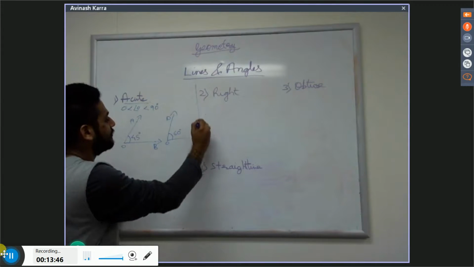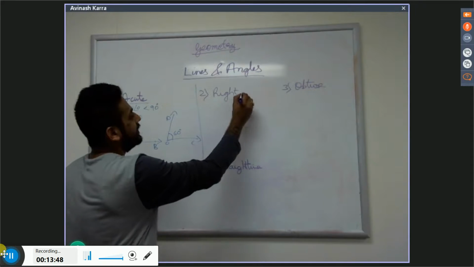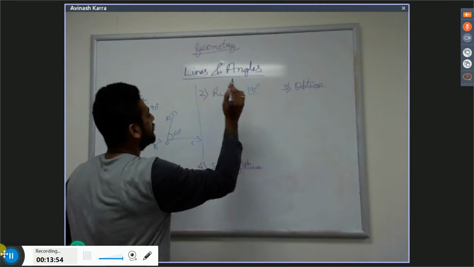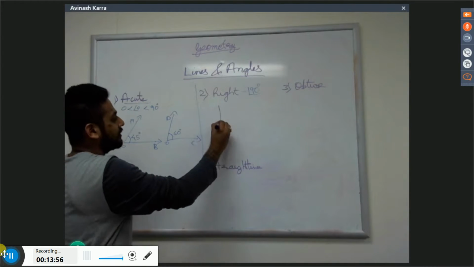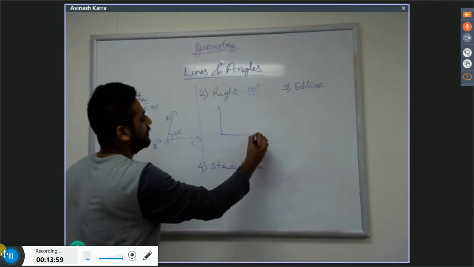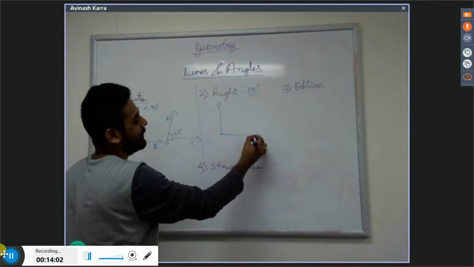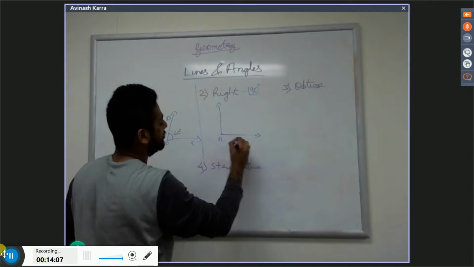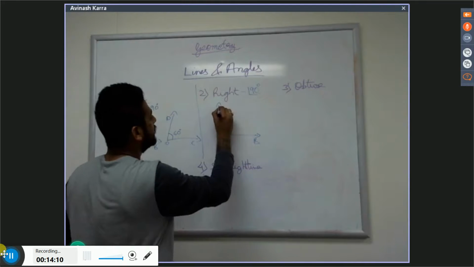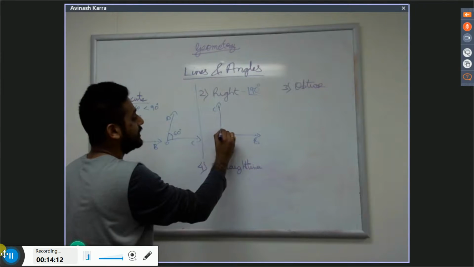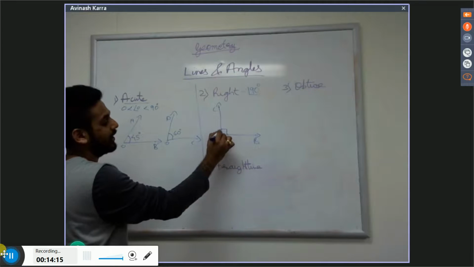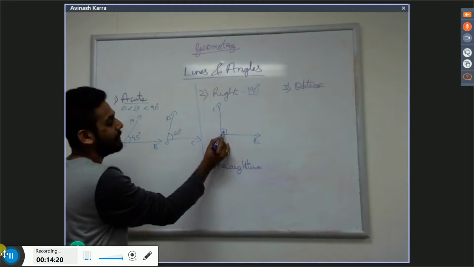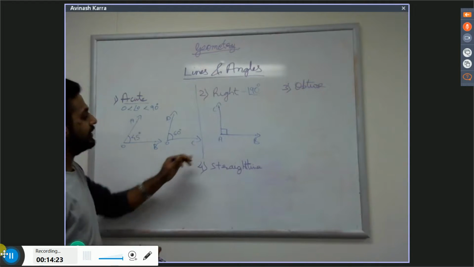Next, coming to right angle. A right angle is so simple, just blindly remember 90 degrees. It will be perpendicular. So let me give it as A, B, C, and it will be denoted by a square.